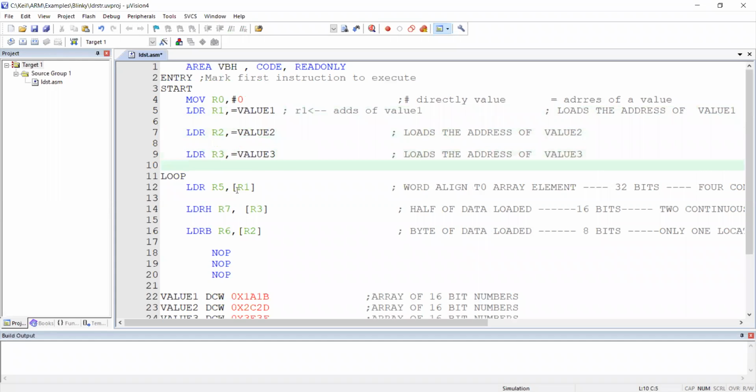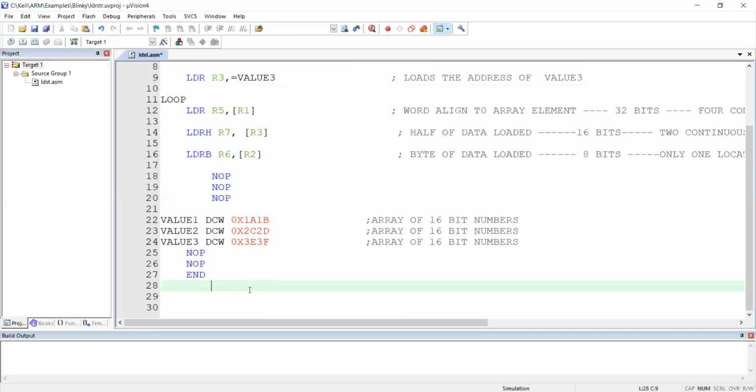Now the question: P is equal to ampersand of X, Q is equal to star of P. What is the answer in Q here?